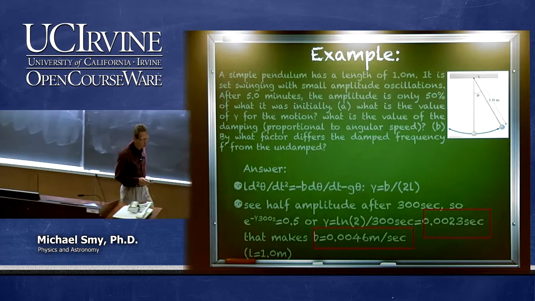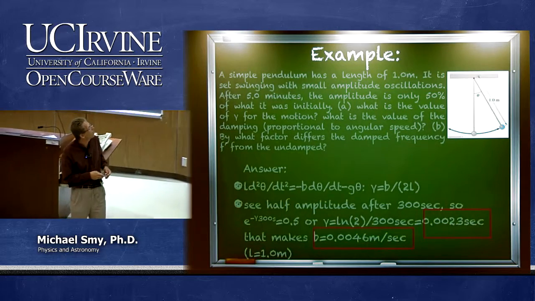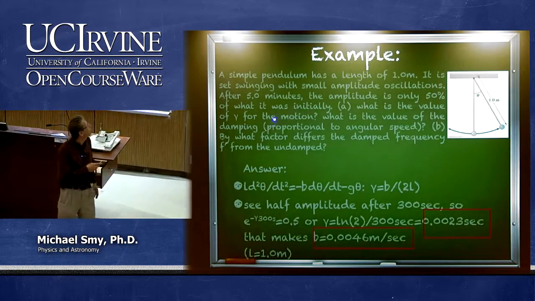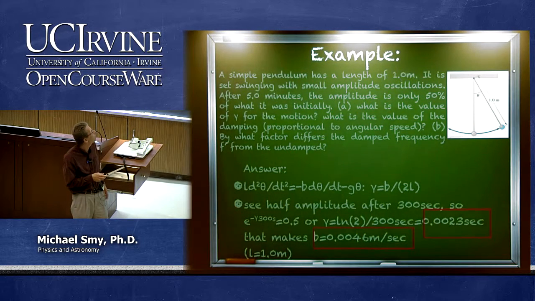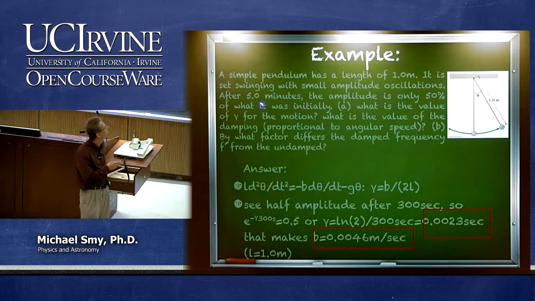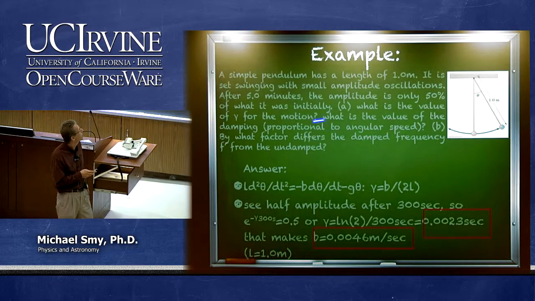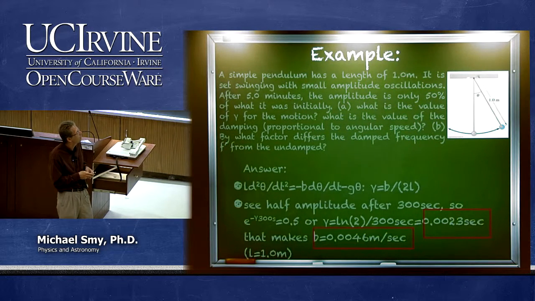So let me now calculate an example with damping, and just for ease I'm using a pendulum. So the example is as follows. We have a simple pendulum with a length of 1 meter, again to make things simple. It is set swinging with small amplitude oscillations, and after 5 minutes the amplitude is only half of what it was initially.